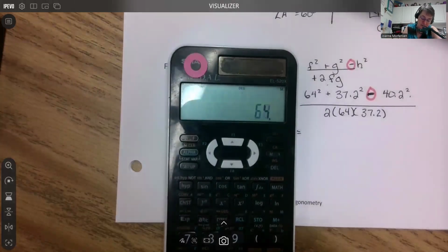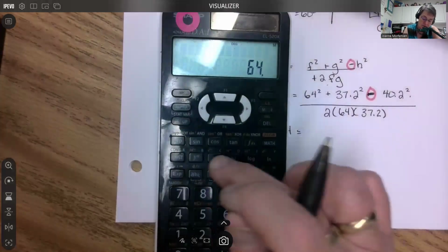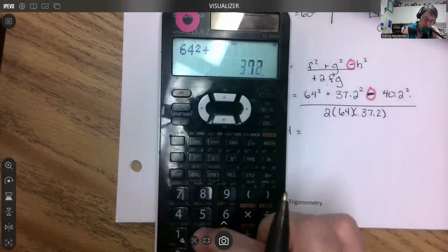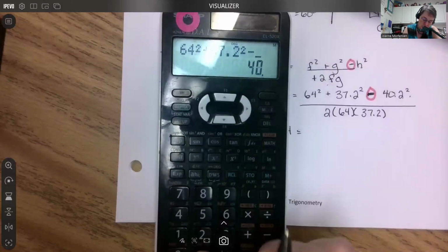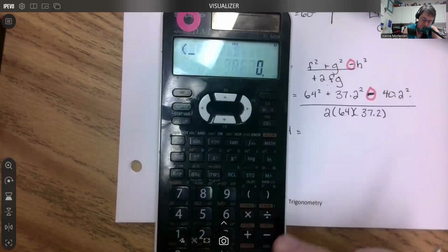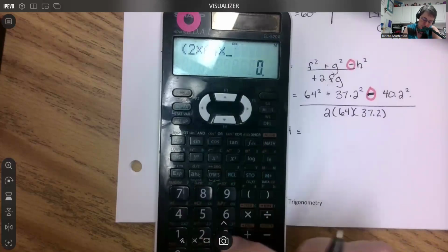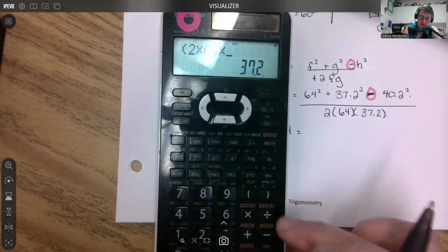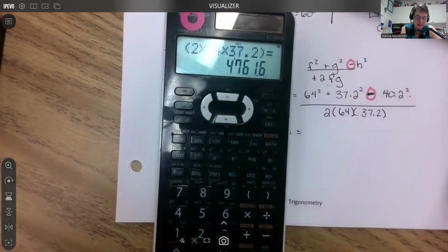It's the machine, but it's okay. 64 squared, oopsie, squared, plus 37.2 squared minus 40.2 squared equals brackety bit 2 times 64 times 37.2. Close my brackets. Boom. Dang it.